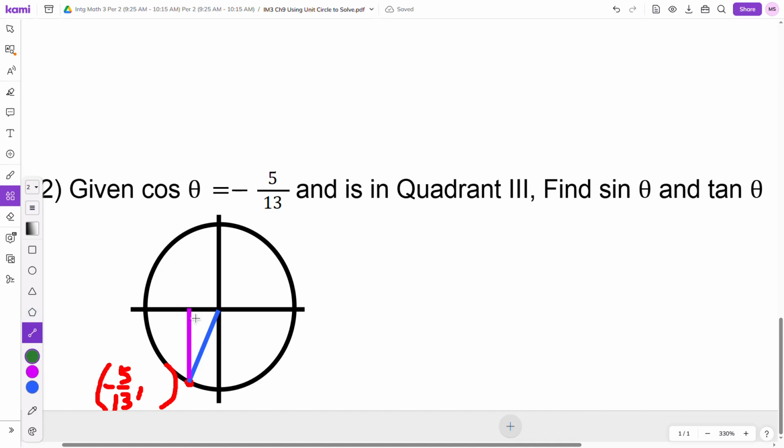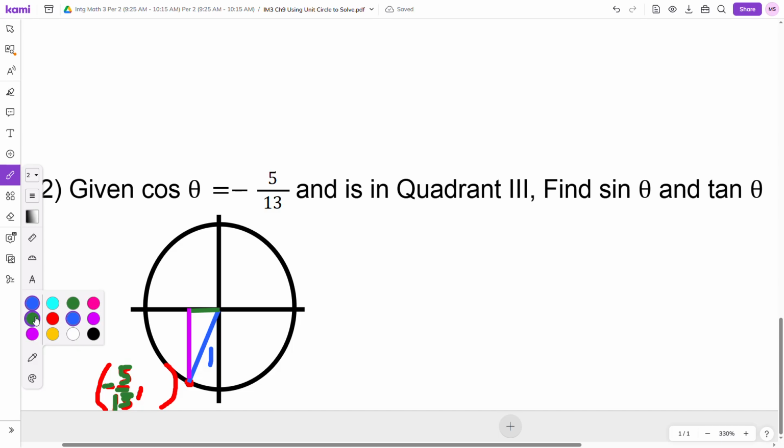And the length of the green segment, which is right here, that's going to be the cosine. In fact, maybe I should improve the color coordination. The green value here is negative 5 over 13. So basically, we need to know the purple value. Well, we know the blue value is 1 because it's a unit circle. And so the green value here is 5 over 13, negative that is.